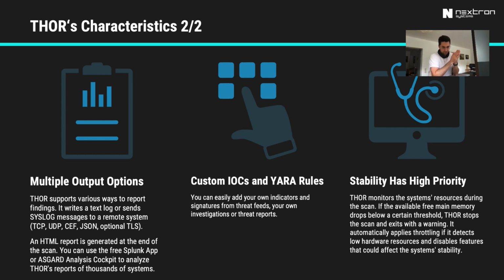And stability has highest priority, always. We started here in Germany in the automotive and manufacturing sector with our first versions of THOR, and we always had a high priority on system stability, and therefore we have introduced many flags that I will explain later that can reduce system load, reduce the risk that a scan influences running services or system activity in a way that, for example, in a production line, we had systems that only had 512 megabytes of RAM and a single CPU core.